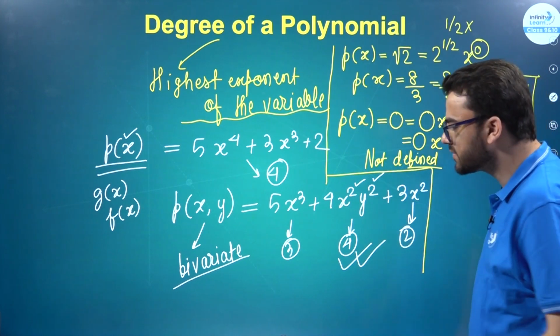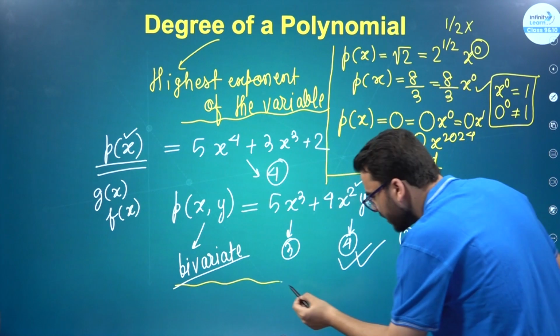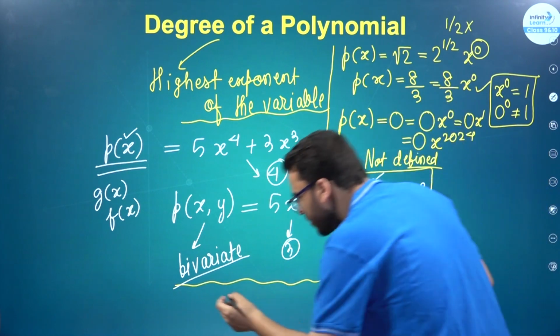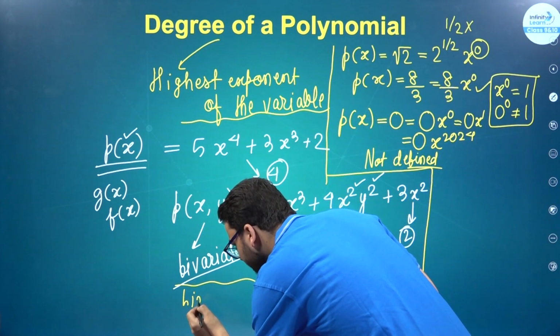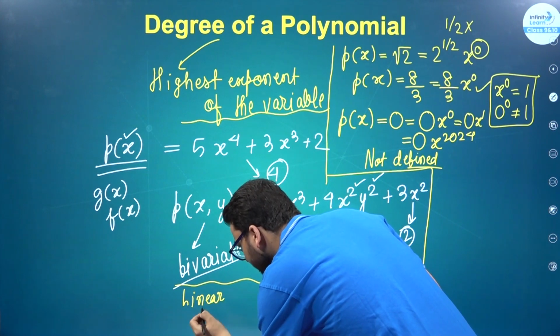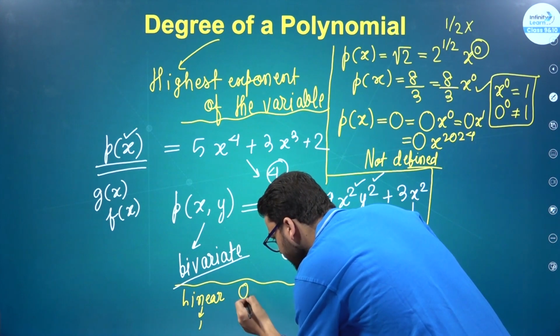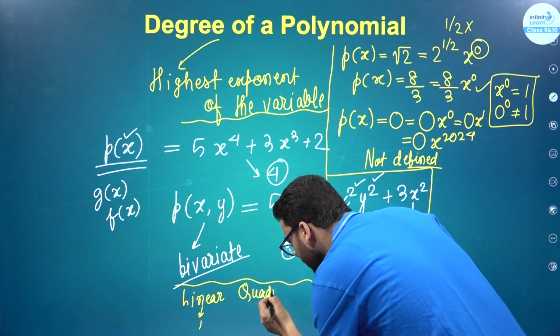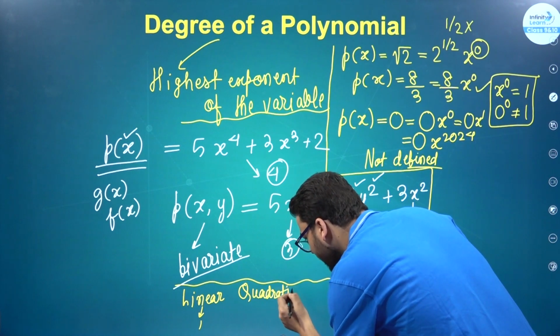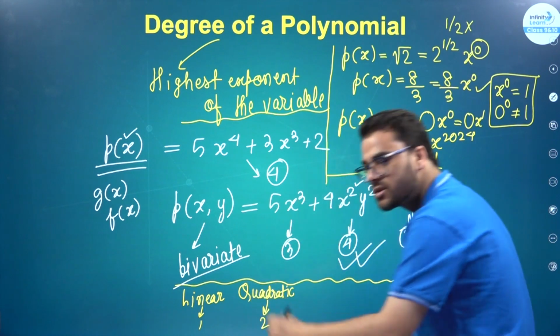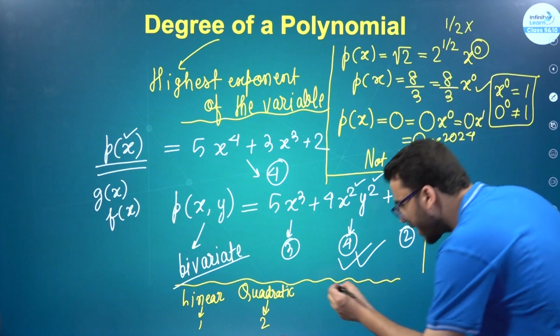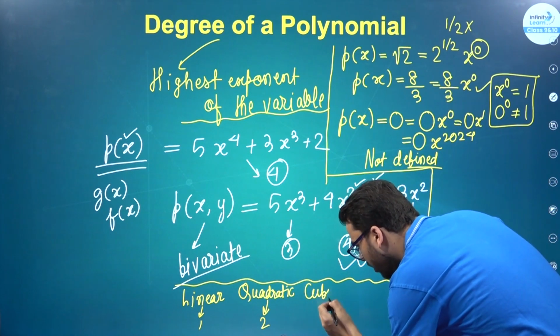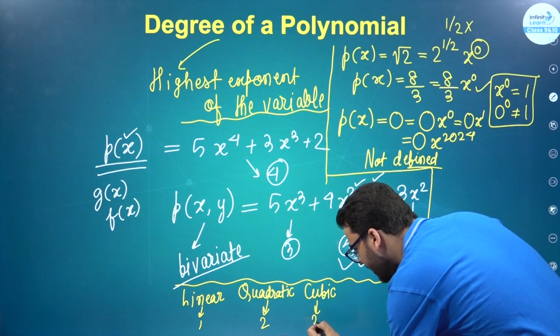Now, one or two things which you need to understand, which you already know, but still you have to see. If you have a linear polynomial, its degree is 1. If it's a quadratic polynomial, degree is 2. In the same manner, if it's a cubic polynomial, then degree is 3.